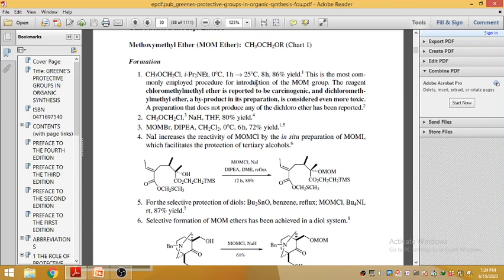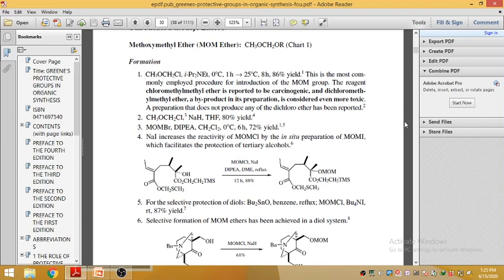It has given 80%, 86% yield. और भी मेथड हैं. अब MOM क्लोराइड के साथ सोडियम हाइड्राइड THF 80% यील्ड में इस्तेमाल कर सकते हैं. एंड ये अगर आप थोड़ा सा चौथे मेथड के ऊपर गौर करें, they have used sodium hydride which increases the reactivity of MOM chloride. So they have prepared MOM iodide in situ. You mean you have taken MOM chloride and utilized sodium iodide in situ to get the MOM iodide.